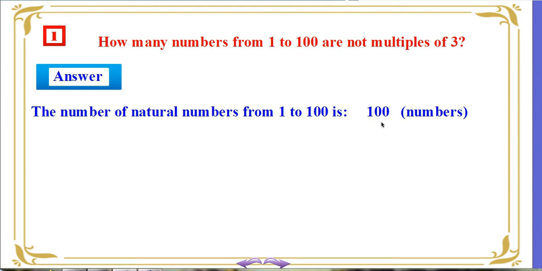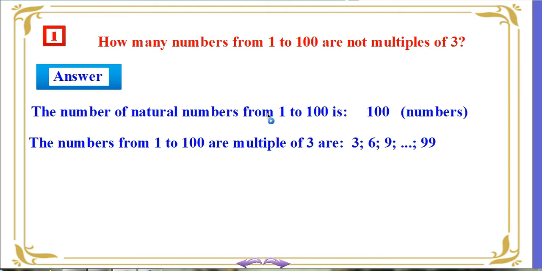This includes the numbers that are multiples of 3 and also the numbers that are not multiples of 3. Now we count how many numbers are multiples of 3. The numbers from 1 to 100 that are multiples of 3 are 3, 6, 9, and so on until 99. How do you count how many numbers there are here? It is the same formula.